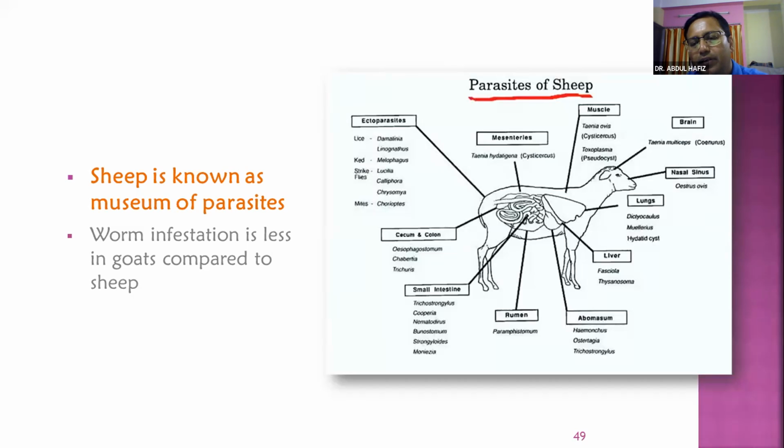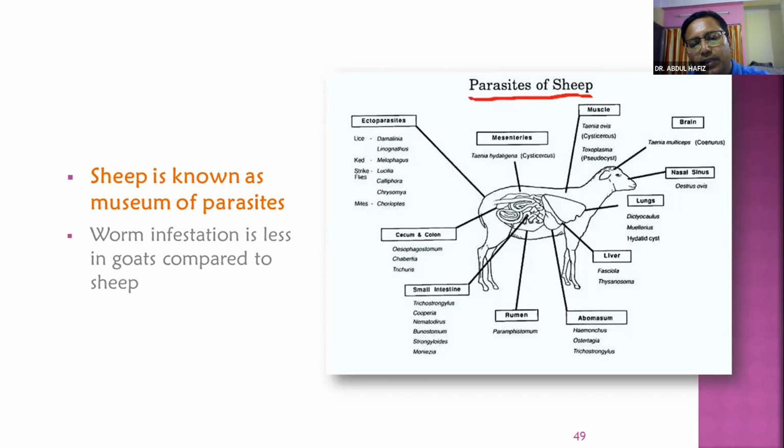Irradiated L3 larvae, 1000 larvae, we can administer to the younger age group of animals for lungworm infestation to prevent these diseases. Likewise, ectoparasites, we know lice, mites, ticks, like that.